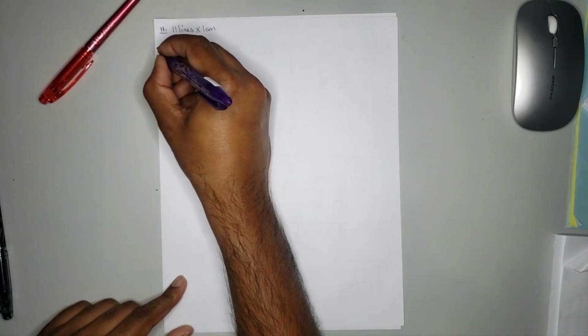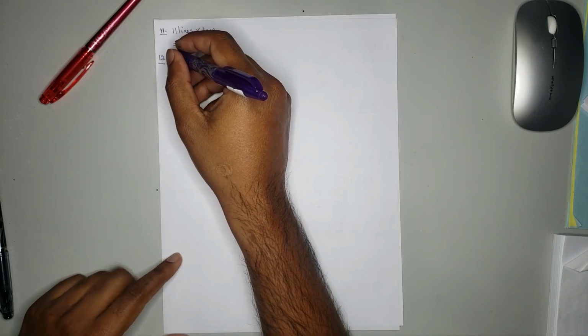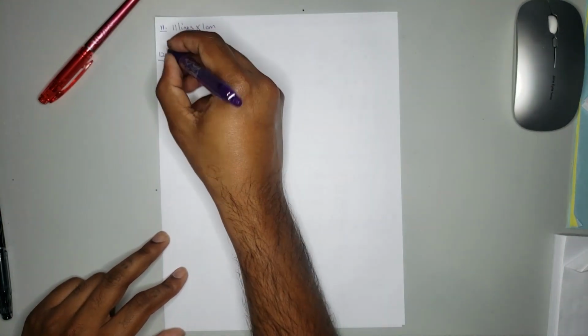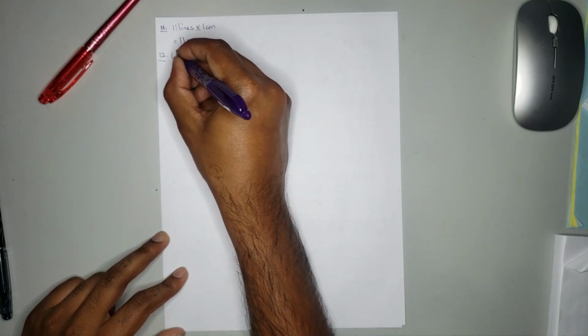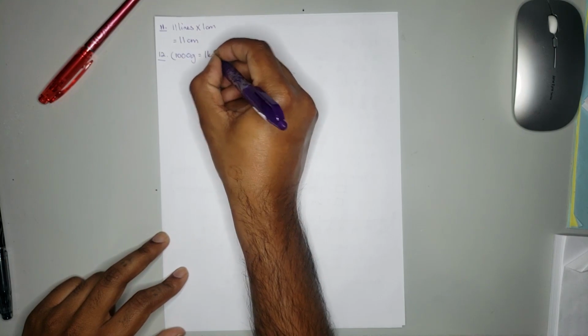Alright, mental math stuff. Number 12. How many more 250 gram blocks are needed to balance the scale? So we have two different units. We have 1 kilogram and we have 250 grams. We know now 1000 grams is equal to 1 kilogram.